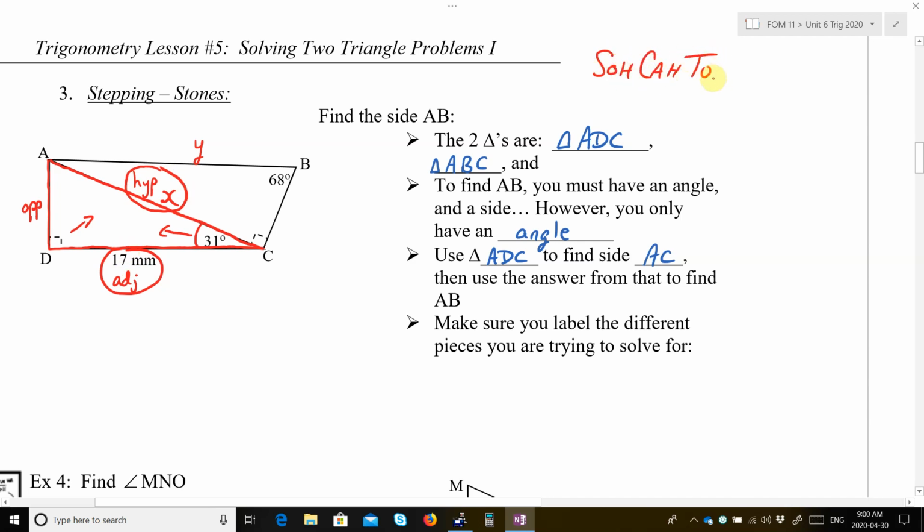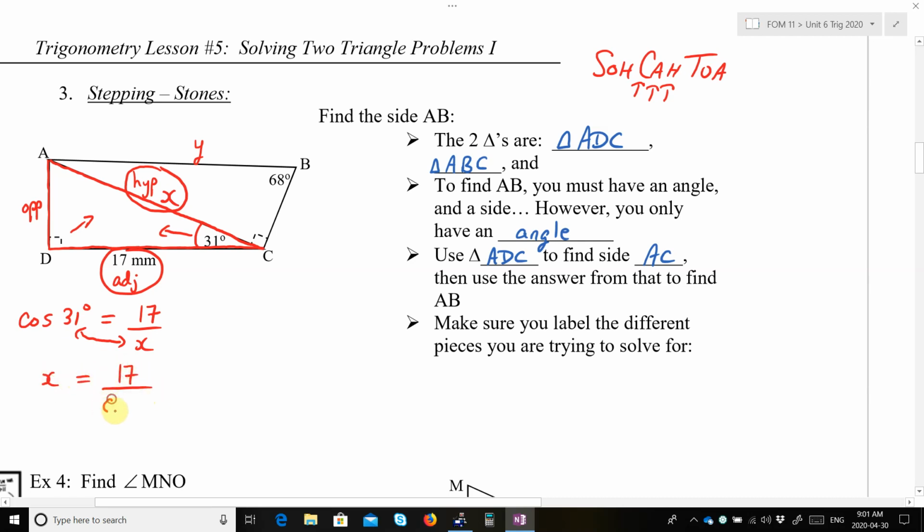So if I write SOHCAHTOA again, there's adjacent, there's hypotenuse. We are talking about cos. So I would go cos of 31 degrees is equal to adjacent divided by hypotenuse. So 17 over x. And remember, when the x is on the bottom, these end up switching spots when you do the algebra.